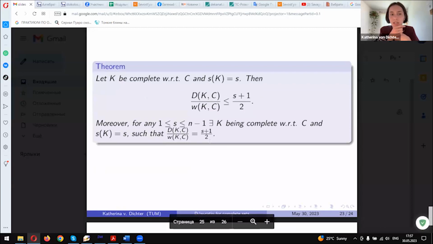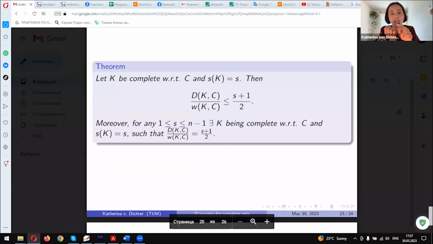And this we have done in this result. We have proven that if K is a complete set with respect to some set C, and the Minkowski asymmetry of the set is s, then the diameter width ratio is bounded from above by the fraction s over 1 over 2. Remember that s is the asymmetry factor; if your set is symmetric, then it's 1.